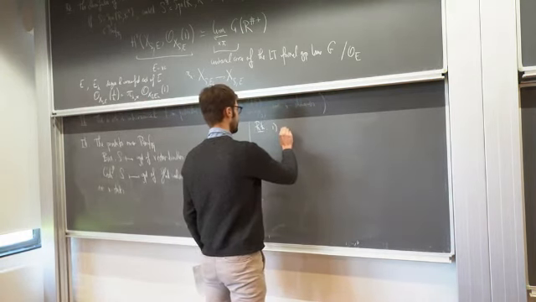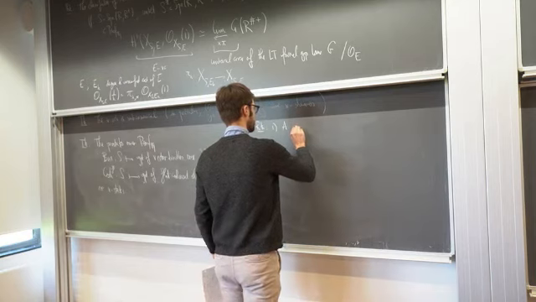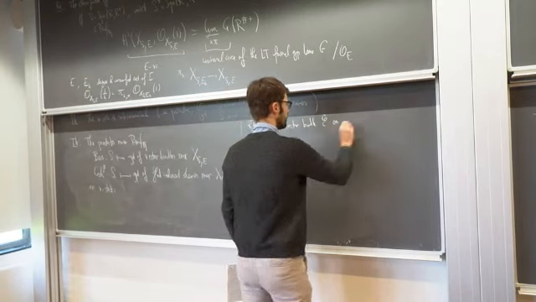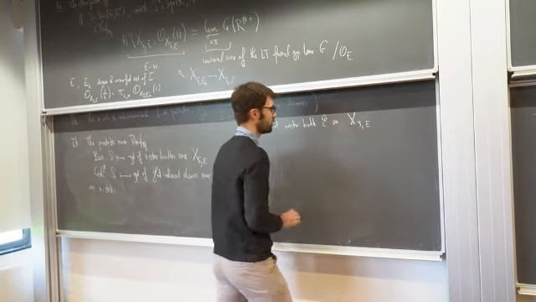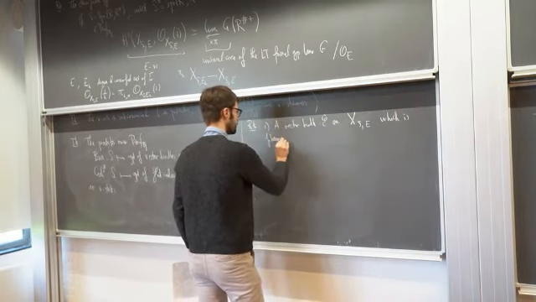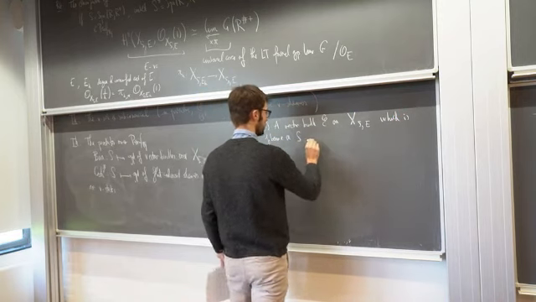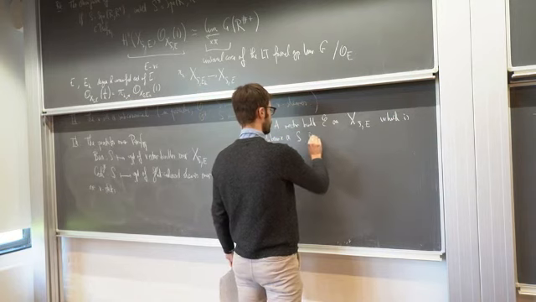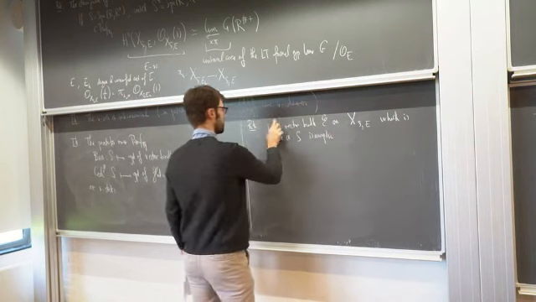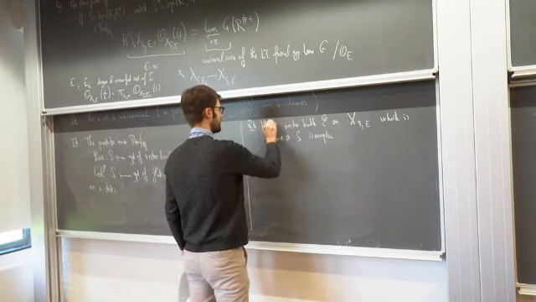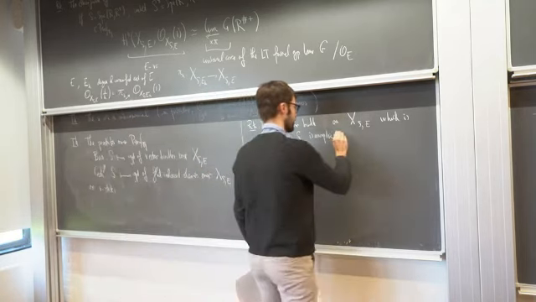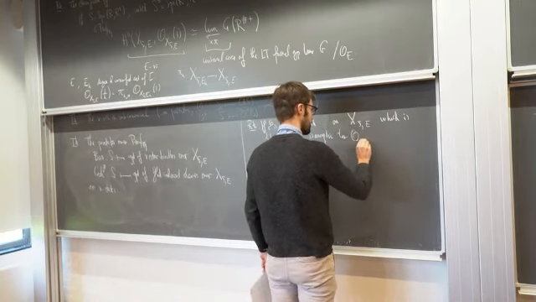So a vector bundle E on the relative Fargues-Fontaine curve, which is fiberwise on S isomorphic to O(λ).